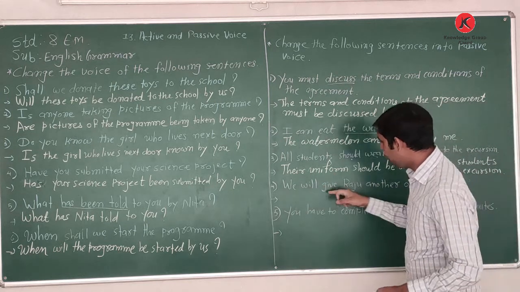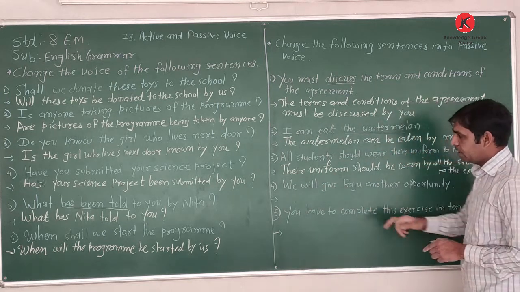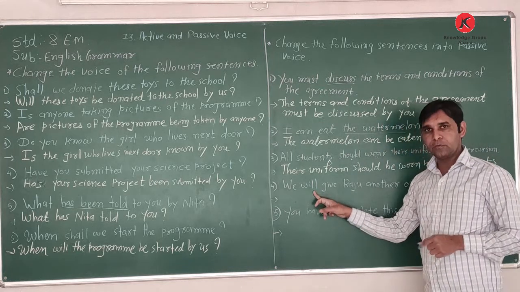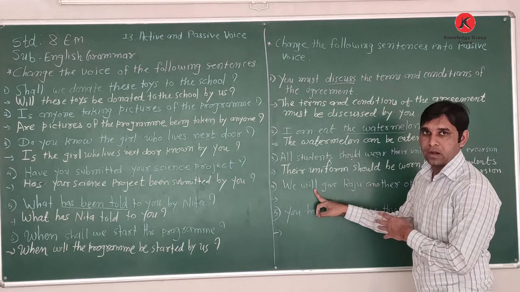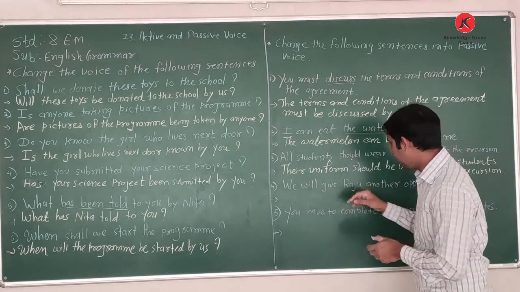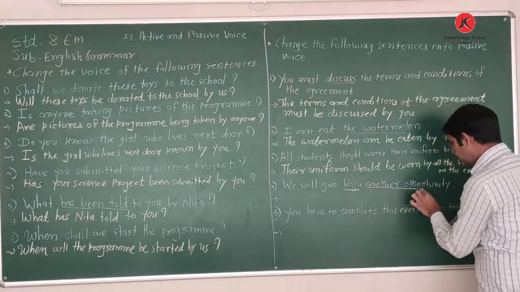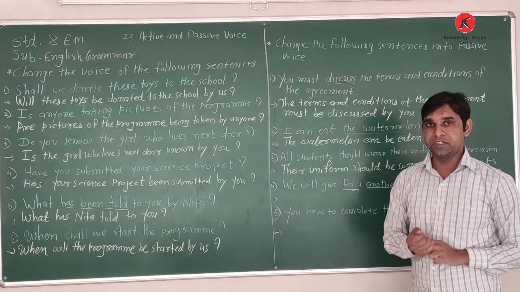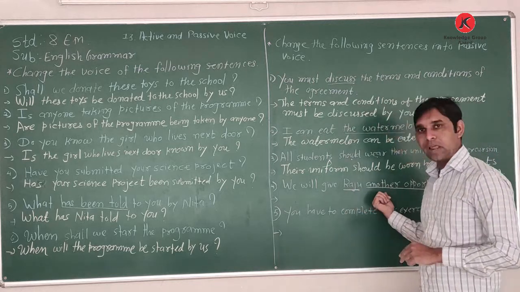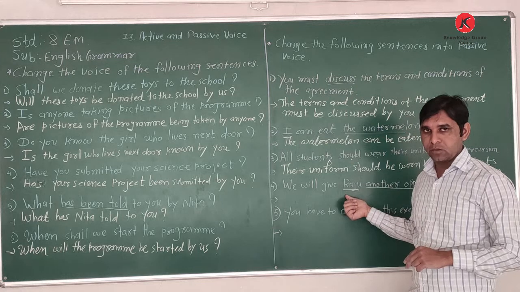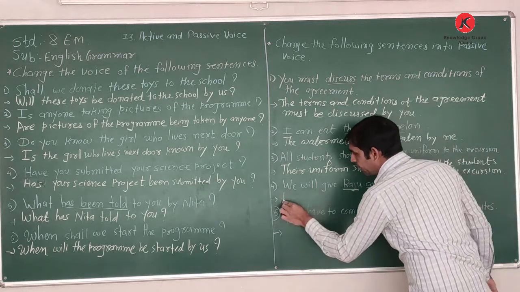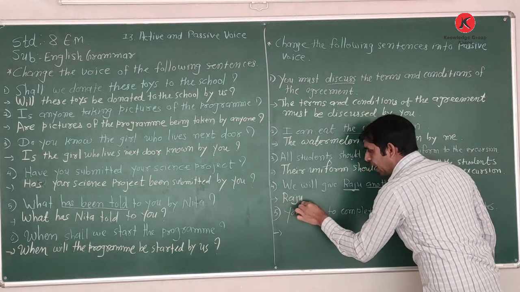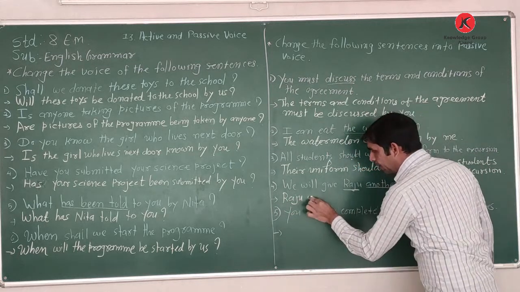Now comes the fourth. We will give Raju another opportunity. We, then will. You can say future, or you can say modal. We will give Raju another opportunity. We have two objects, a direct object and an indirect object. So we go with the indirect object. You are given the name Raju. Then what do we write afterward?